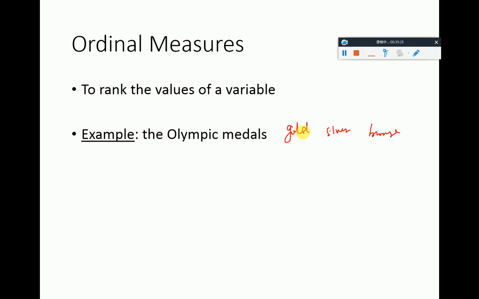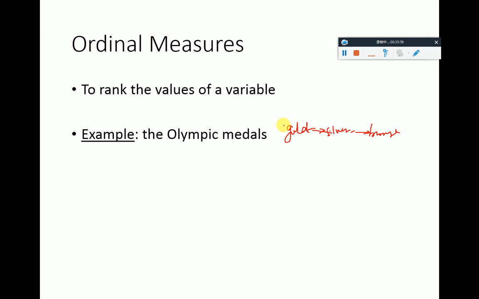The person who has won a gold medal cannot at the same time be awarded a silver medal. And similarly, someone who has gained a bronze medal cannot at the same time obtain a gold medal, right? They're mutually exclusive, they're discrete, there are no in-between states between gold and silver, between gold and bronze, right? They're independent categories. So at the very beginning, this is a nominal measure system.